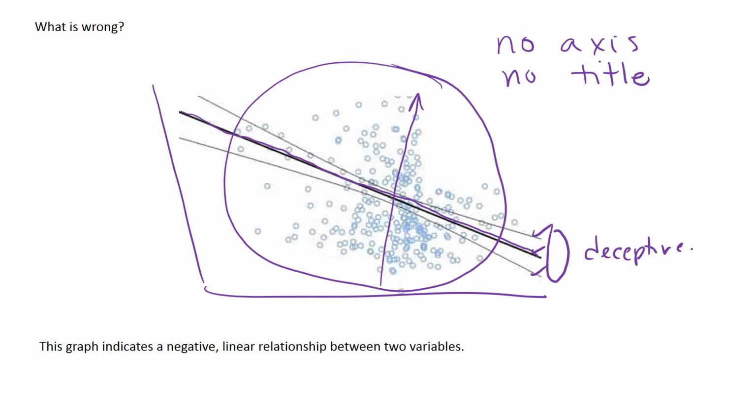There is actually no relationship between the two variables. And those lines that have been graphed on top of it lead you to believe that there is.